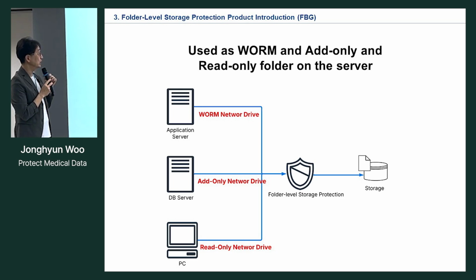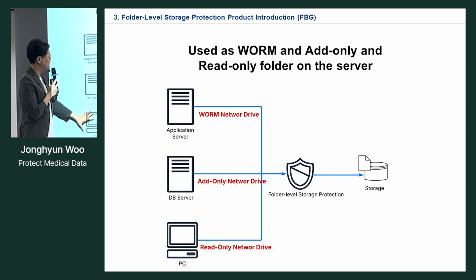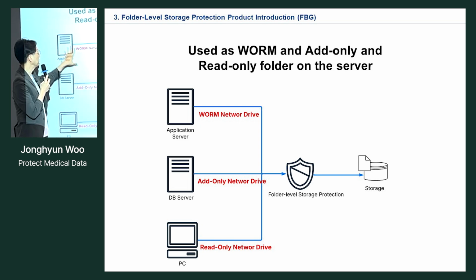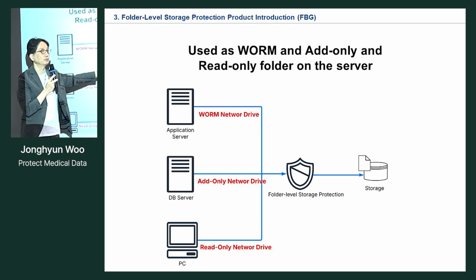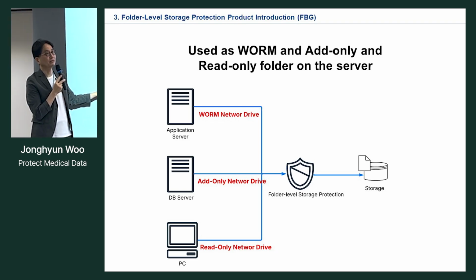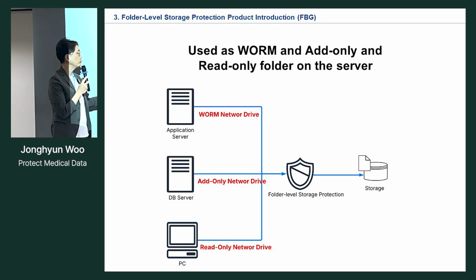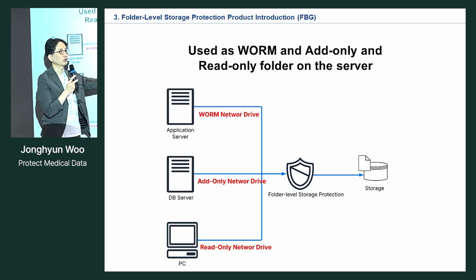One good use case of the folder level storage protection is this: for the application server, we can set one network drive for the web server, because the web server has to accept files uploaded by users. Once the file comes in, it has to be protected as WORM. A database file cannot be protected by itself, but we can schedule a backup to the add-only network drive.